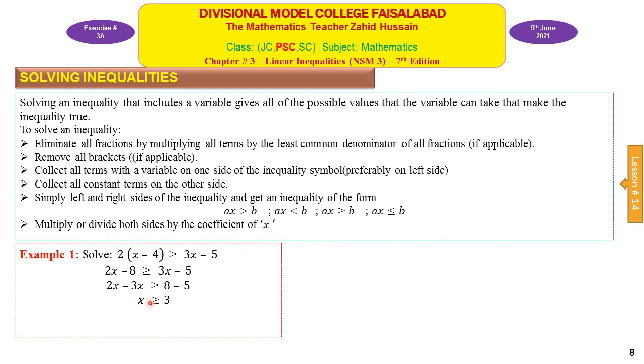We get minus x is greater than or equal to 3, but we need to find the value of x. To find the value of x, we will either multiply both sides by -1, or divide both sides by -1. Dividing or multiplying both sides by -1, we will have to change the inequality sign. So we will get x is less than or equal to -3.